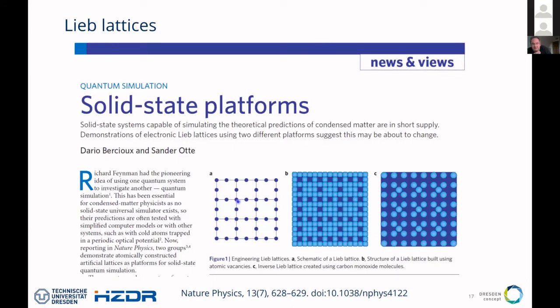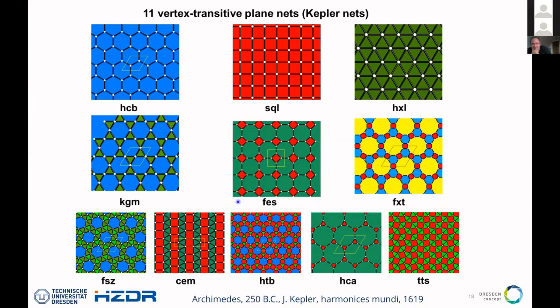If you want to do that, you may ask yourself first the question, okay, what structures could actually be interesting? If you go through the databases, you can find in 2 dimensions something like 200 nets, but 11 of them are very simple. These are the so-called Kepler nets or vertex transitive nets.